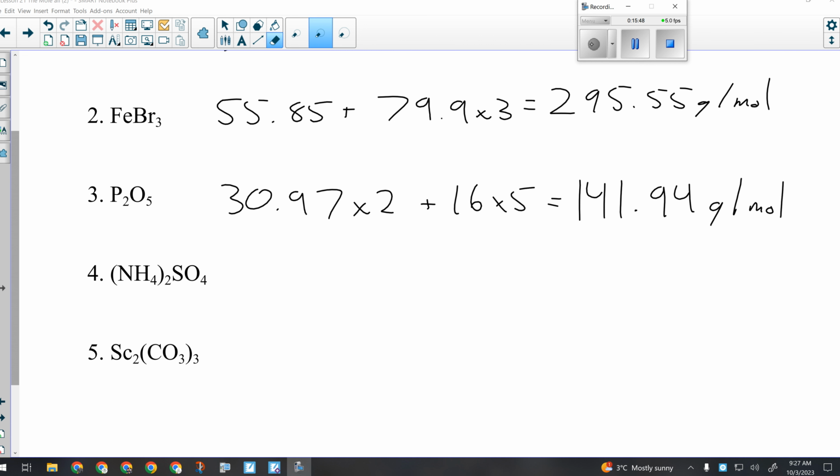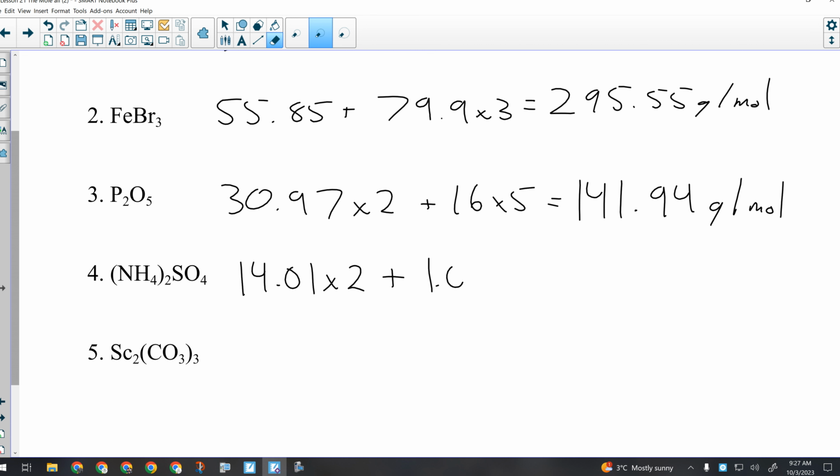How many nitrogens do I have here? 2. In ammonium, there's 1 nitrogen. The brackets say there are 2 ammoniums, so there are 2 nitrogens. So I take nitrogen, multiply it by 2, plus, how many hydrogens do I have? 8. How many sulfur? 1, just 1, 32.07.